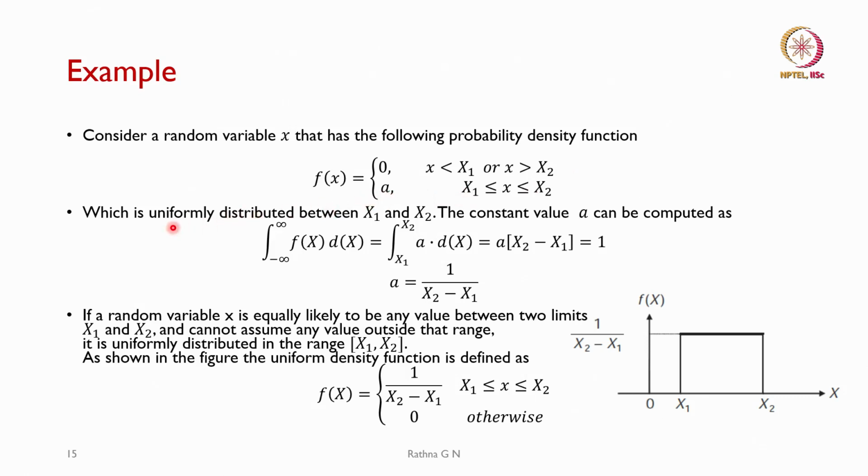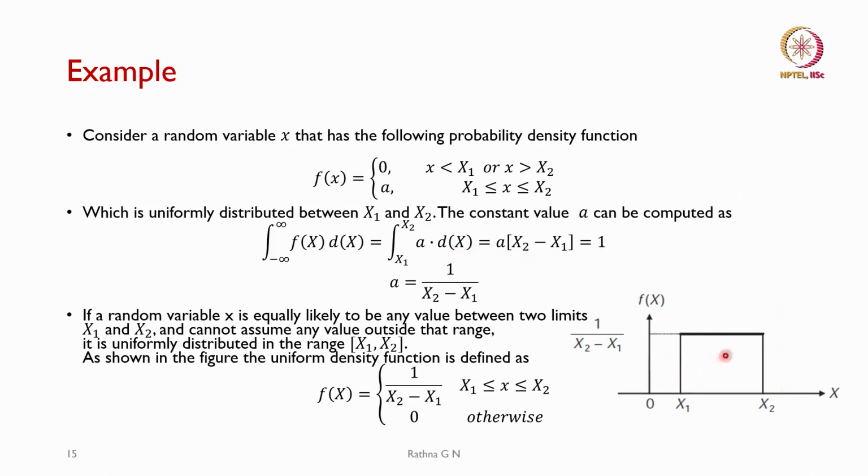That is, we say it is uniformly distributed between x1 and x2, and the constant value a can be computed from the integral from minus infinity to infinity of f of x dx, which is the integral from x1 to x2 of a dx, which is a times x2 minus x1, which is equal to 1.